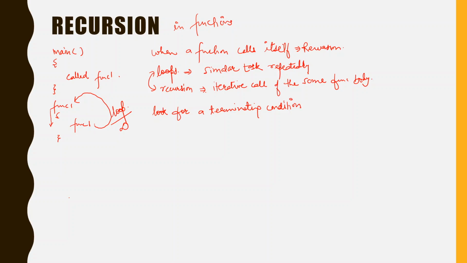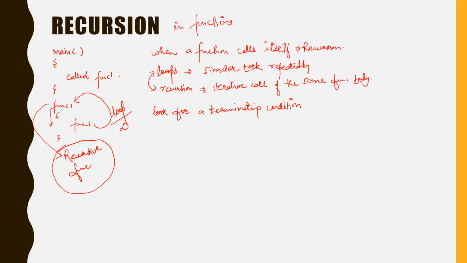So we have to design the recursive function. When a function has a call to itself, this function is called a recursive function. All the user defined functions are not recursive because they can only perform a simple step by step task, but those functions which have a call to itself are called recursive functions.